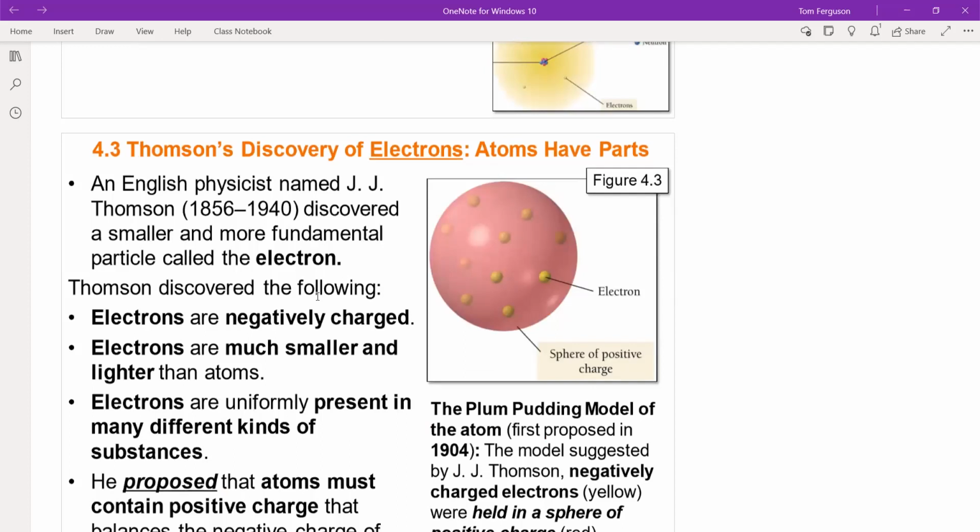He also came up with the concept that something needs to balance that negatively charged electron. So he says something positive has to exist to counteract all these negatively charged electrons. So he sort of discovered protons at the same time. It's kind of backdoor logic.